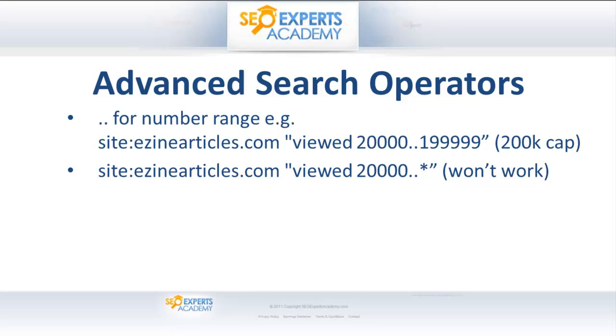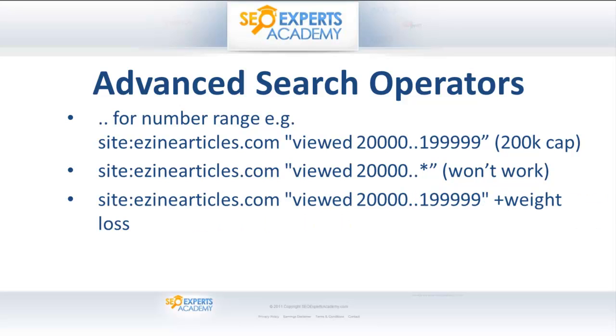And of course, you can also add a keyword or key phrase after that search string, such as weight loss or acne treatment, so that you're drilling it down to being more specific all the time. So there's an example of if we wanted to look at the weight loss niche on EzineArticles and we're looking for those high view number articles.